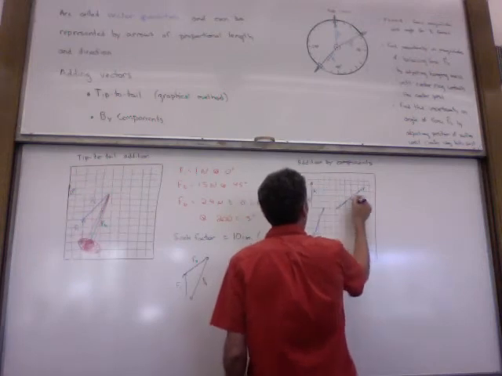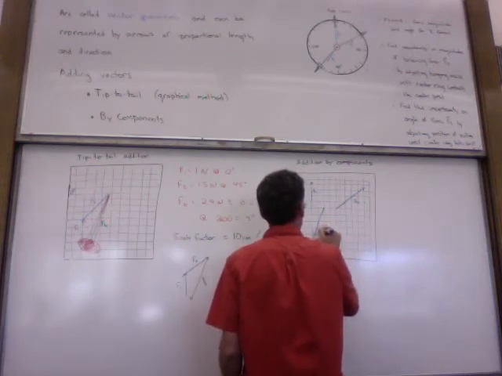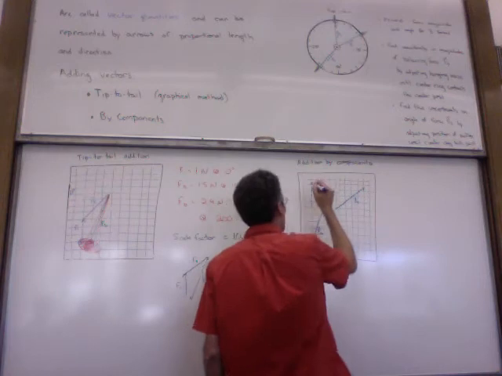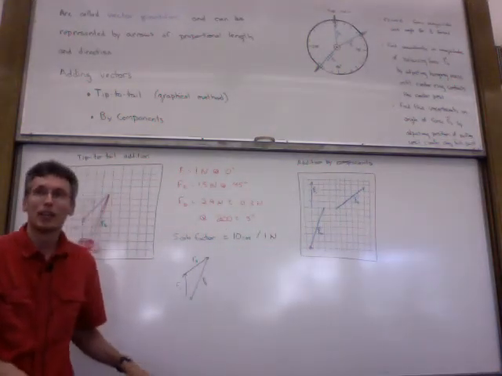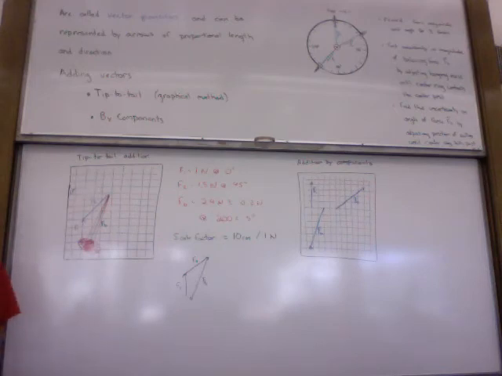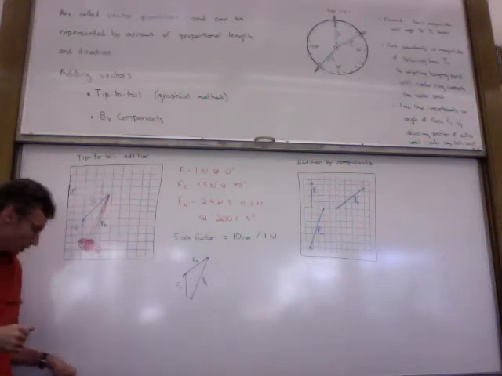Okay, so I have F1, F2, and FB. And the reason we're going to do that is we're going to use the graph paper to determine the magnitude of those vectors, or the components of those vectors.